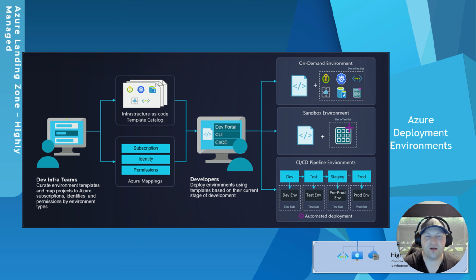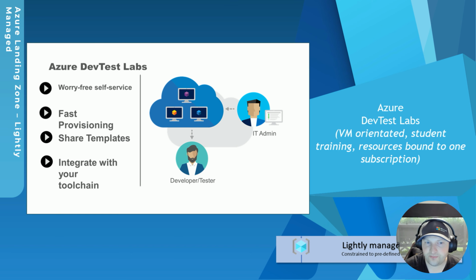And then when they're done, they go back to the user interface again. They click delete, shutdown. That then deletes all their Azure resources and the resource group, meaning that next time they start, they can go straight back. So when you're looking at highly managed sandbox and predefined environments, Azure deployment environments is where you go to.